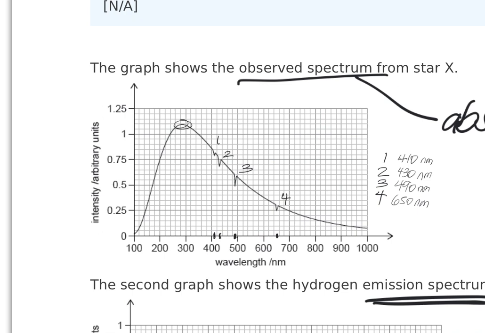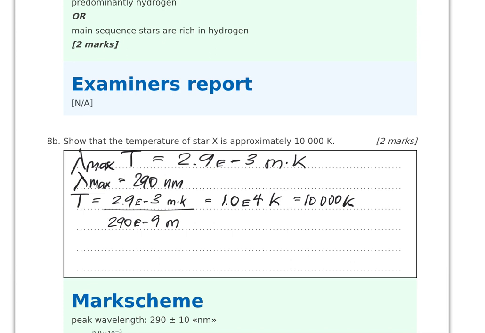And if we go down to the bottom here, we get that the max wavelength seems to be about 280 or maybe even 290 nanometers. And so we get temperature is the 2.9 times 10 to the negative 3 meters Kelvin over the maximum wavelength. That gets us 10,000 Kelvin.